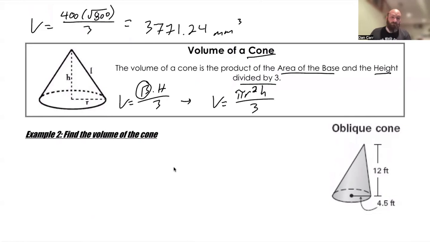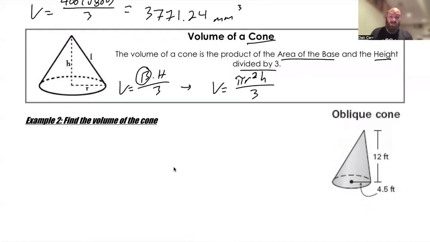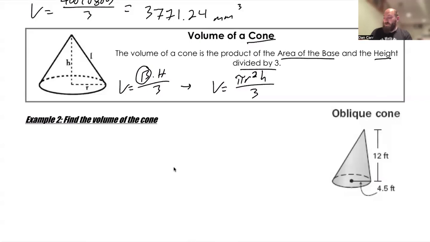For our example, we have what's called an oblique cone. Oblique cones make a difference in terms of surface area. That's why we always talked about right cones. A right cone means that the tip right here is exactly above the center. But if I take this point and shift it over here so the cone looks more like this, that's an oblique cone.